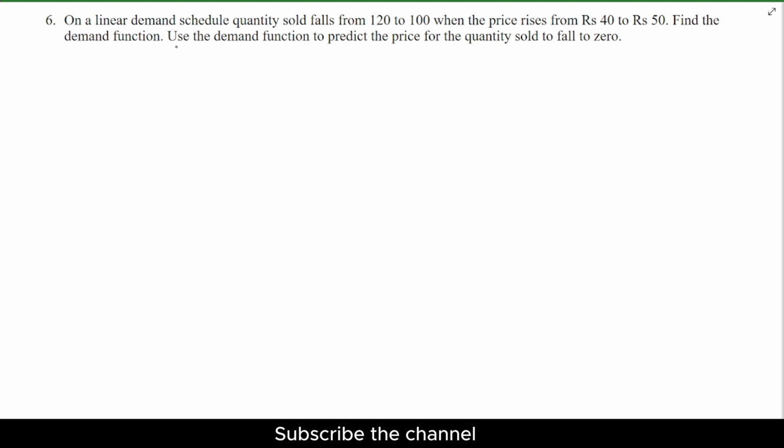It means P equals A minus BQ. Here, the quantity falls from 120 to 100 and the price rises from 40 to 50, which means 40 comma 120 will be one pair, and 50 comma 100 will be the other pair.